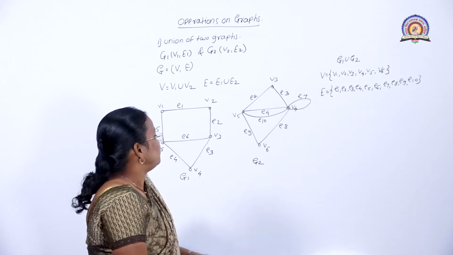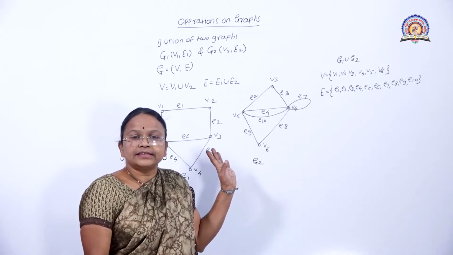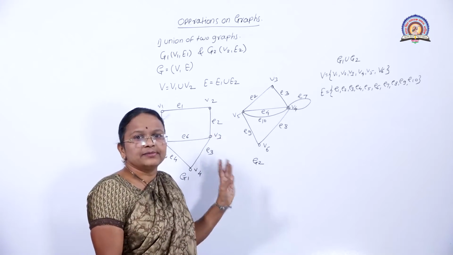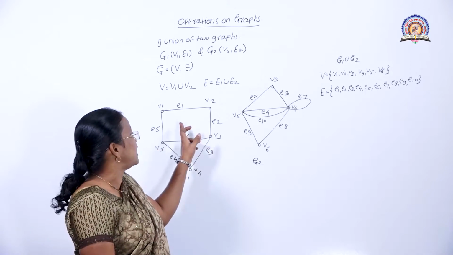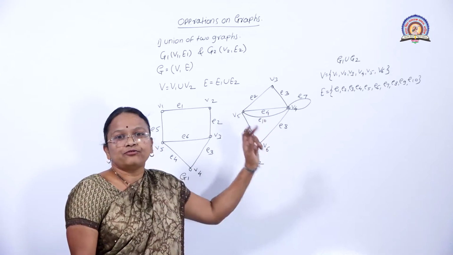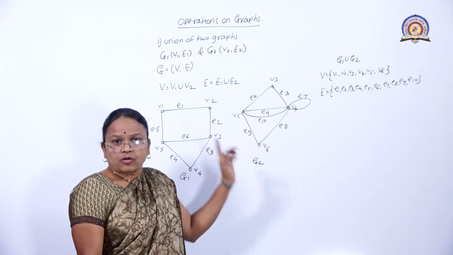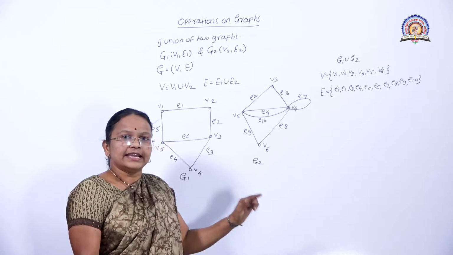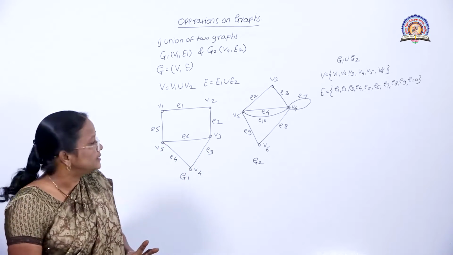Now, when we have to draw the union of two graphs, for our convenience, though it is not necessary, we first draw the more complicated graph of the two, and then adjust the vertices and edges from the remaining graph.